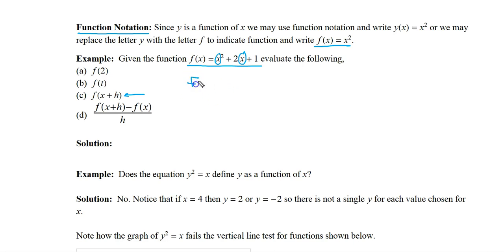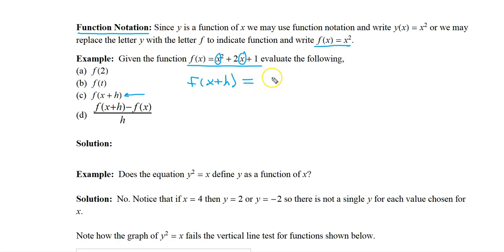Well, f of x plus h, now remember, don't get confused that there is an x here and an x here. Whatever is inside the parentheses here gets placed in for each x up here. So in this case, we simply put x plus h in place of each x up here.